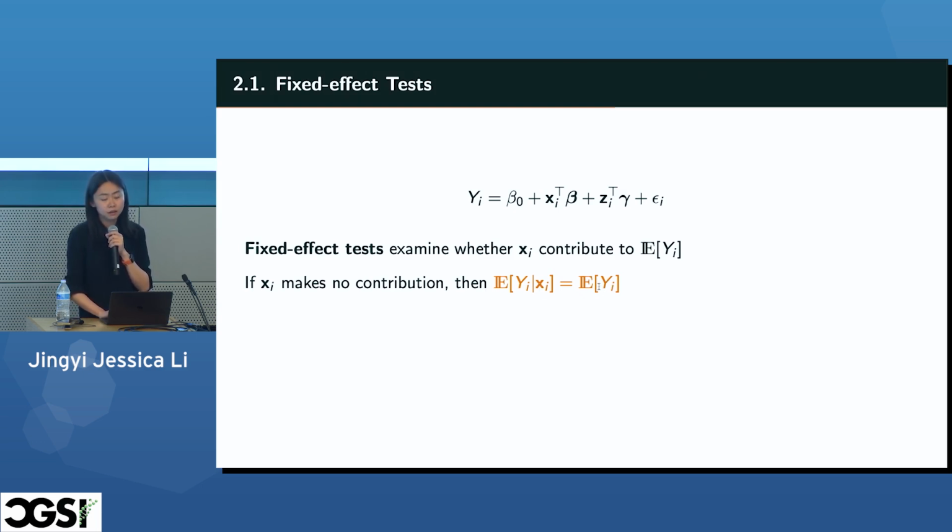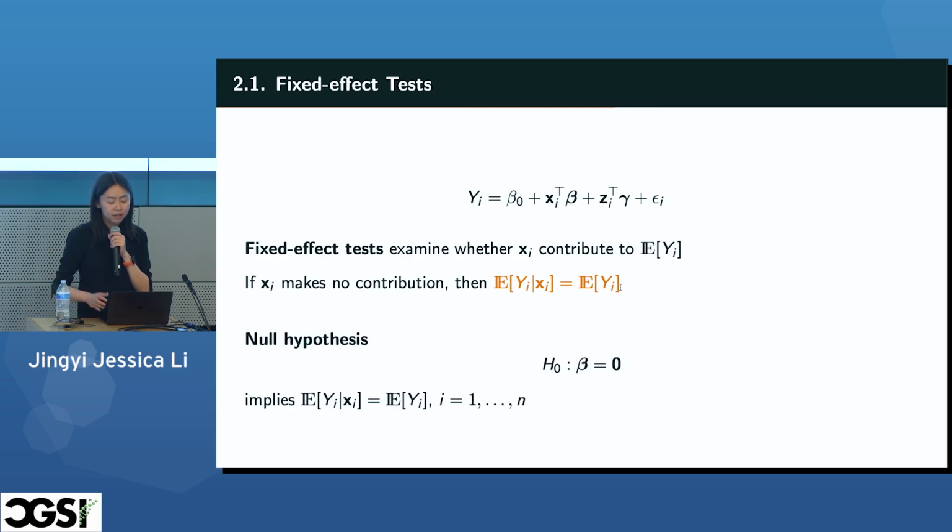If the conditional expectation of yi given xi is the same as the expectation of yi, then it satisfies the null hypothesis. That is, xi makes no contribution to yi, and it's equivalent to beta being 0. So in fixed effect tests, you are basically testing the coefficient beta, whether it's 0 or not.